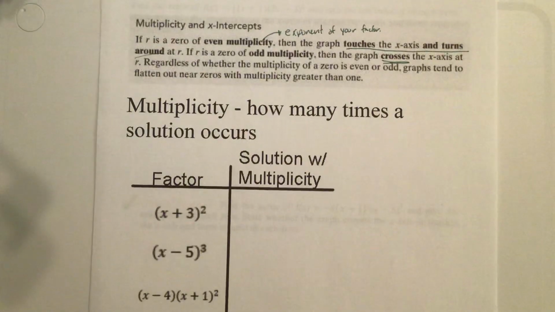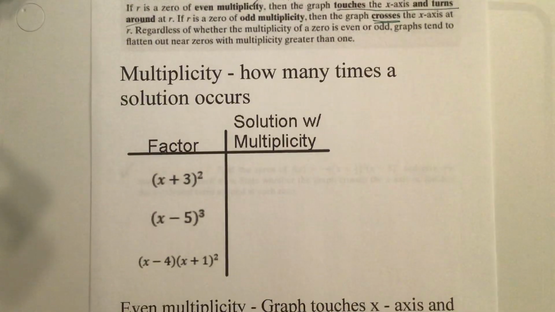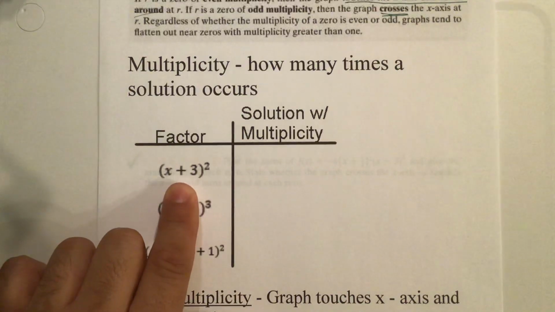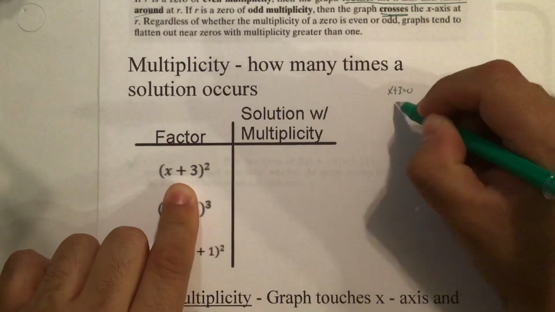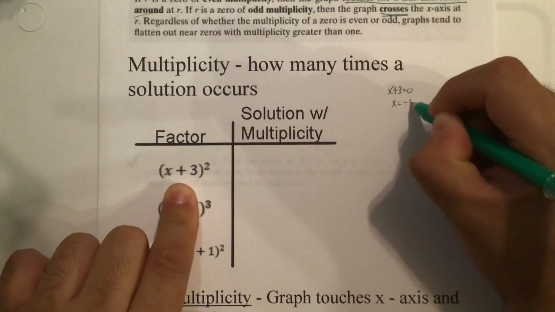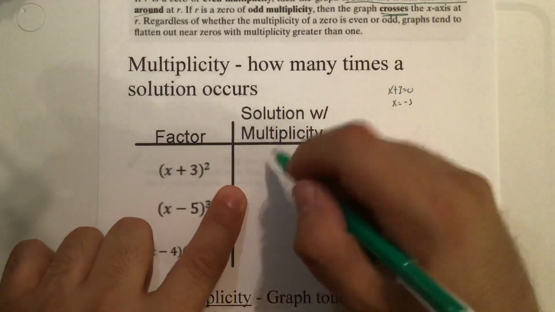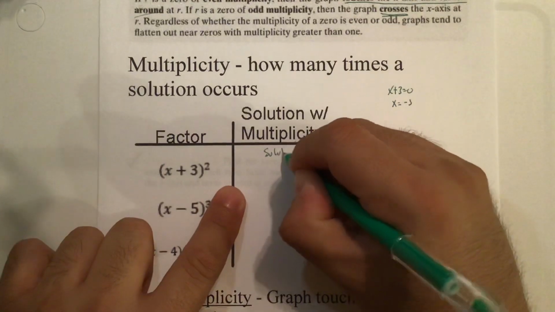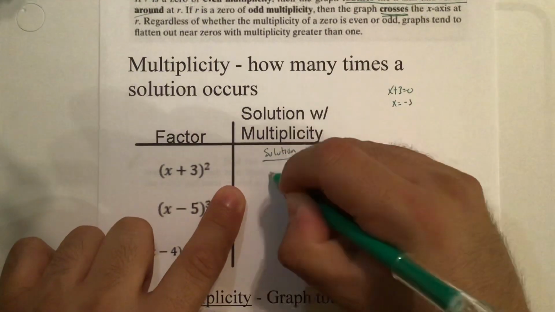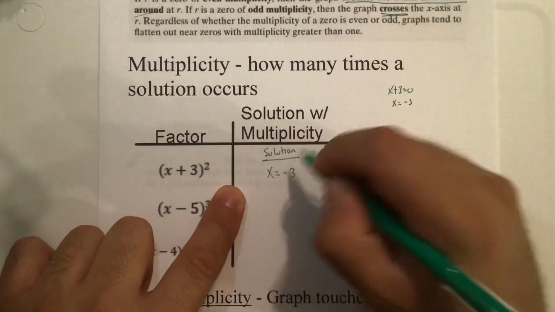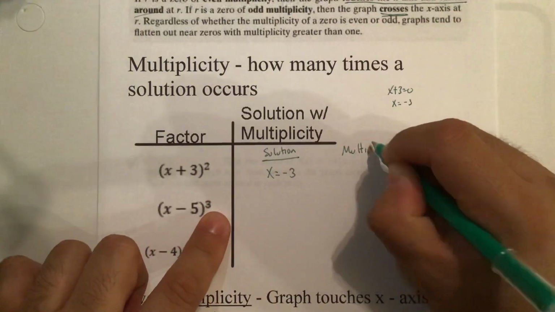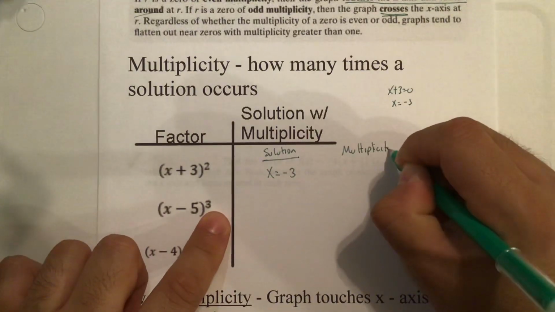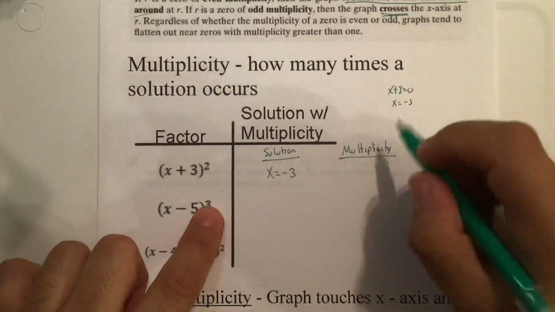So the nice thing about these ones here is they actually already factored for you, so you just have to figure out the solutions, right? So this one, I'm just going to solve it off to the side. x plus 3 is equal to 0. Subtract your 3, so x equals negative 3. So in terms of my solution, x equals negative 3. For my multiplicity, we're going to look at the exponent.